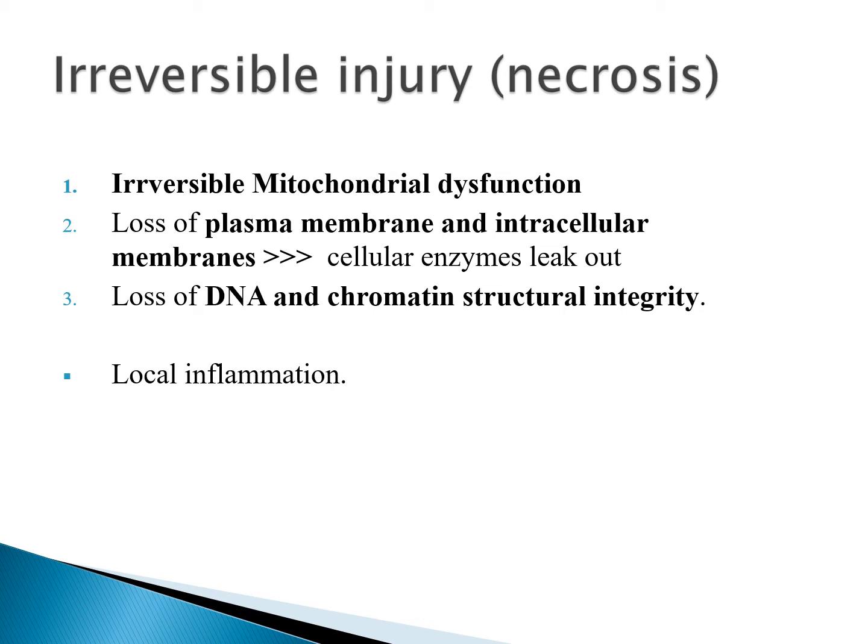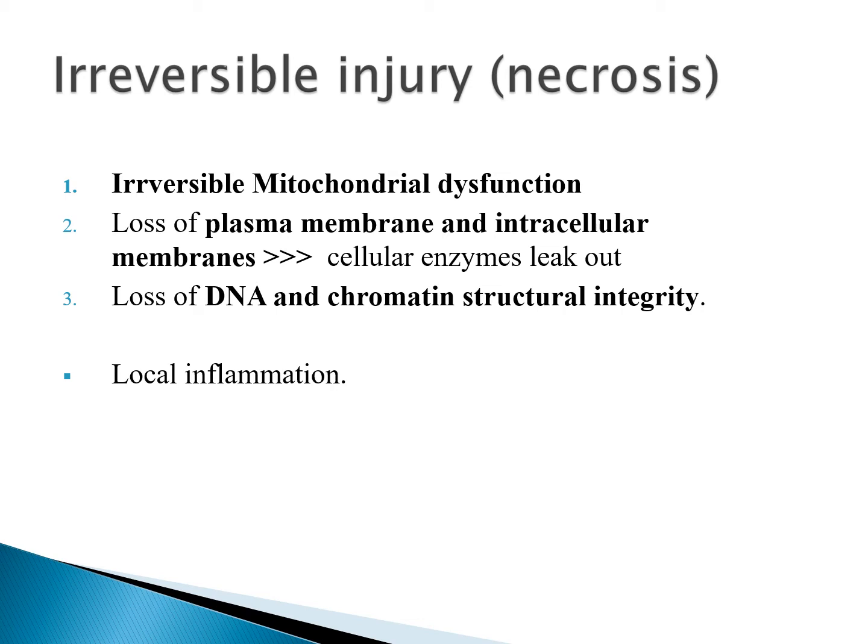The main characteristic feature of necrosis at the ultrastructural level of the cell is irreversible mitochondrial dysfunction. This feature characterizes the irreversible injury because the mitochondria is the main energy factory of the cell. So when we cannot restore the mitochondrial function back to normal, the cell is considered dead.